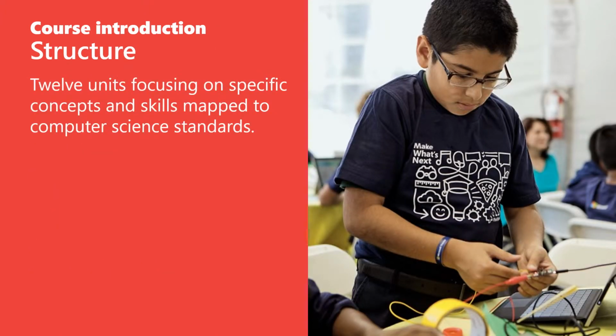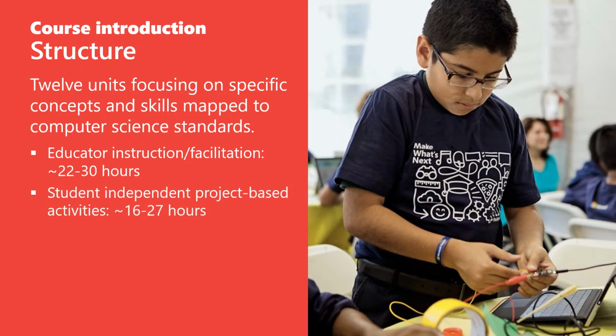The course comprises 12 units, each focusing on specific concepts and skills that are mapped to computer science standards. You can expect approximately 22 to 30 hours of instruction or facilitation time. And there are approximately 16 to 27 hours of independent project-based activities for your students.